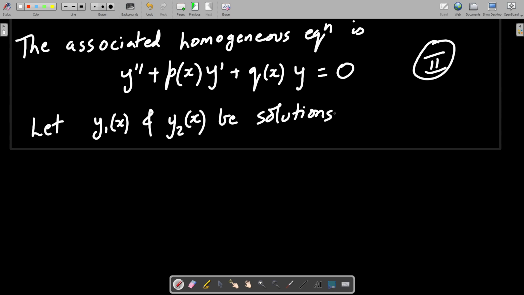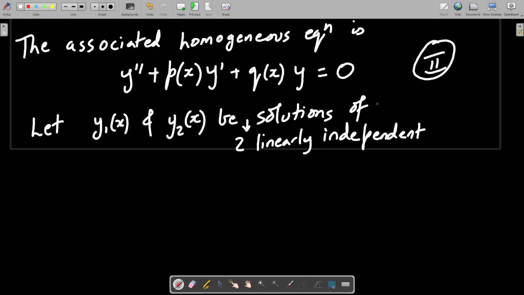Since it's a second order equation, we should get two linearly independent solutions of 2.